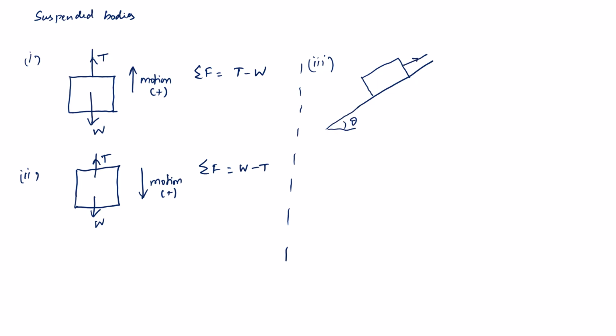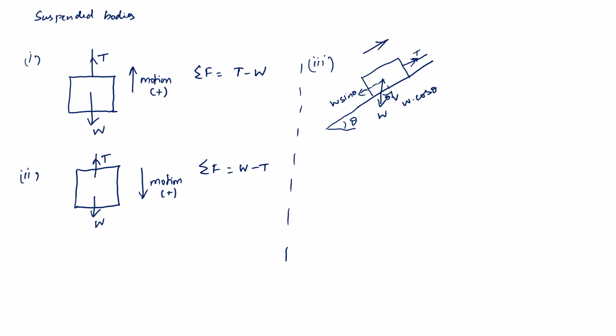You have a tension. We have weight acting vertically downwards, and this W will be divided into two components: W sin theta, where W is the self weight of the block, and W cos theta.